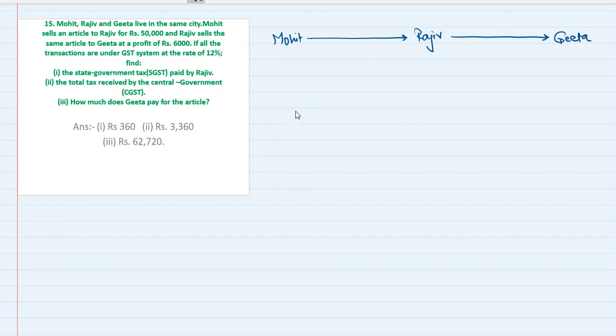Okay. So Mohit sells an article to Rajiv for rupees 50,000. So cost price for Rajiv is equal to rupees 50,000. That's the first thing which we know. And Rajiv sells this article to Geeta at a profit of 6,000.